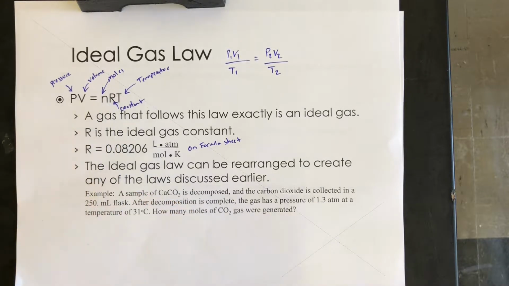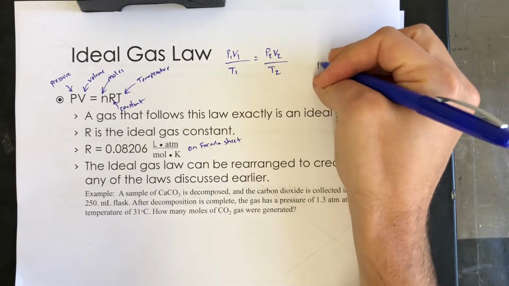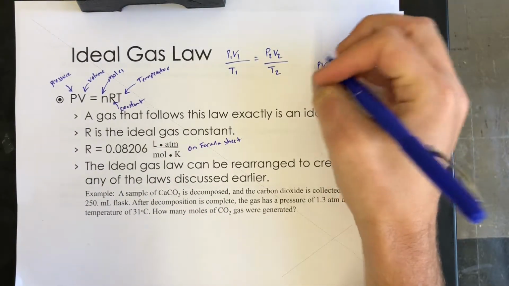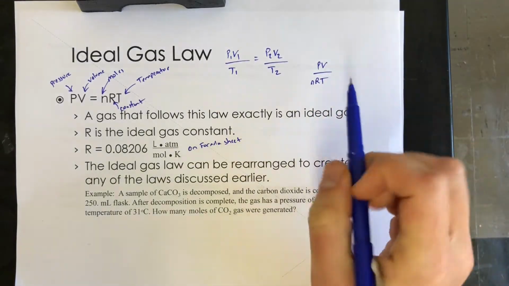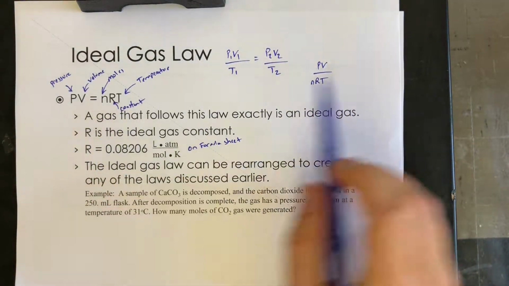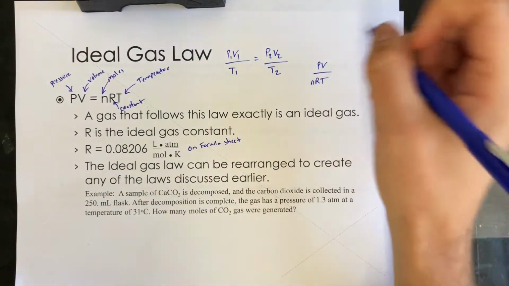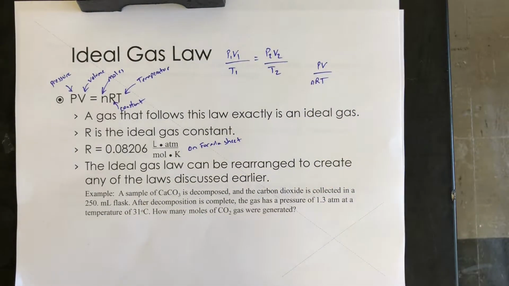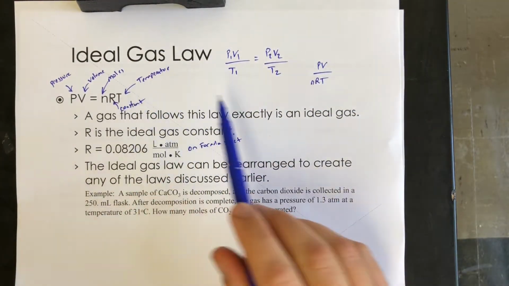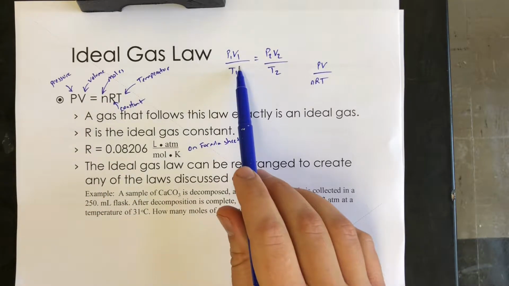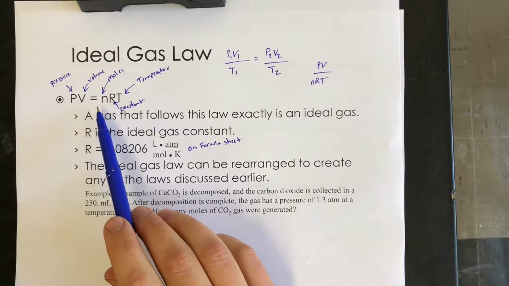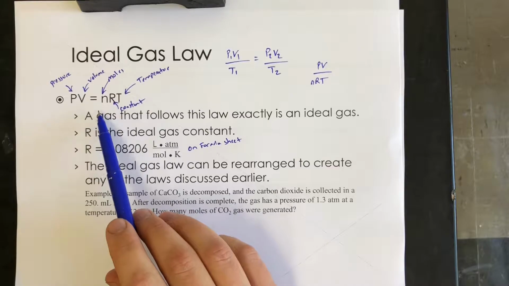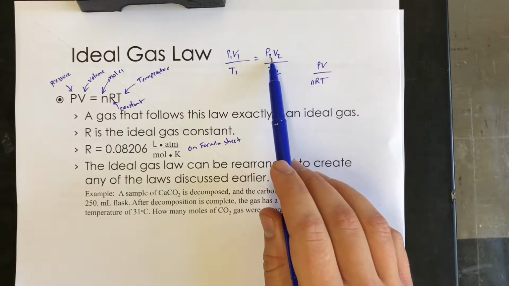If we take our ideal gas law and put everything on the same side of the equation, we would end up with PV and then we divide by nRT. The main difference between the ideal gas law and the combined gas law is that the ideal gas law is looking at one single sample of gas, whereas this is looking at two.